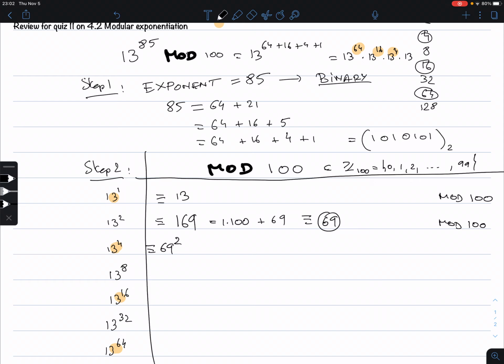So I'm going to do 69 squared. What is 69 squared? The calculator says 4,761. Now I want to find what this is modulo 100. Well, this is 47 times 100 plus 61.